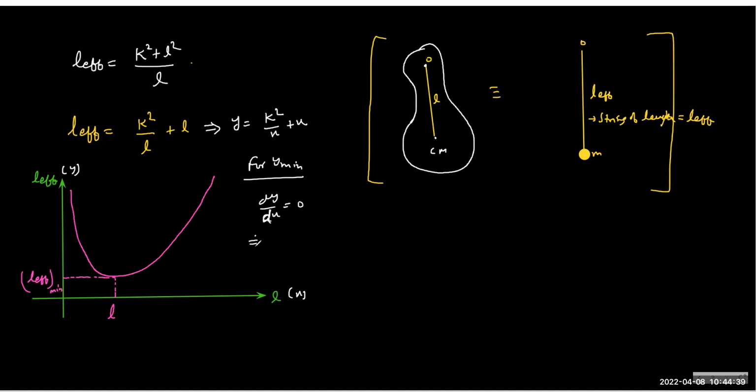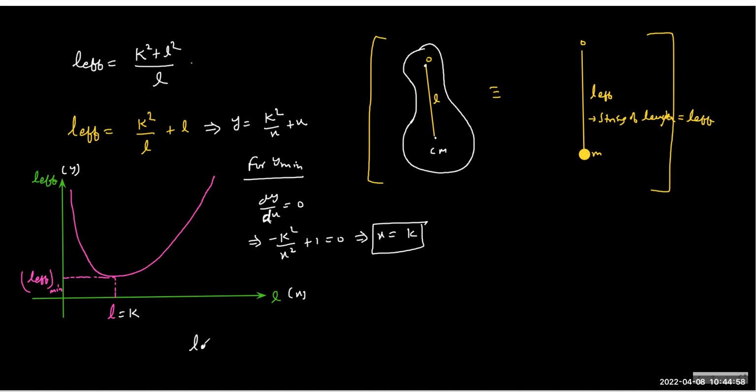If you differentiate the function, what you get is minus K square by X square plus 1 equals 0, which will give you X equals K. Which means if L equals K, then this will be minimum in value.